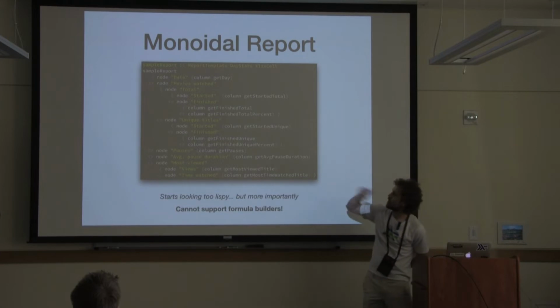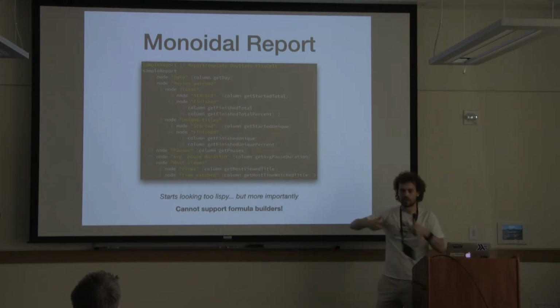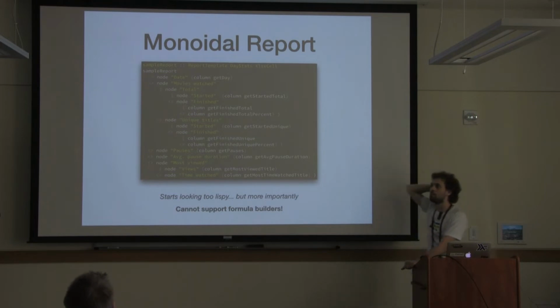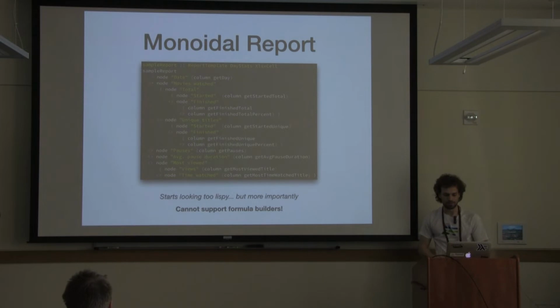You can use this angle brackets as the monoidal operation. Empty we don't use anywhere, so we only care about the semigroup. And that's basically it. You can see that I use indentation to emphasize the tree structure of the report.